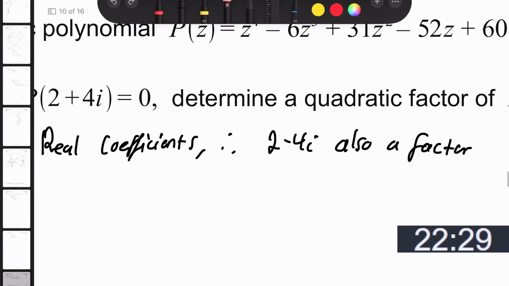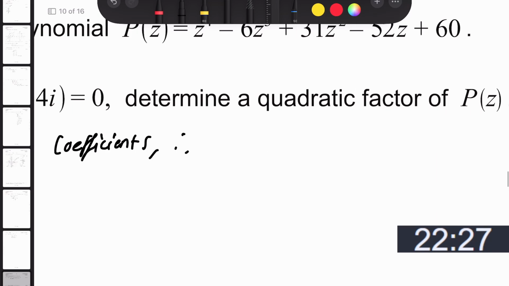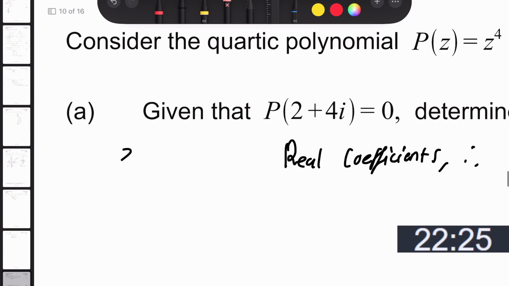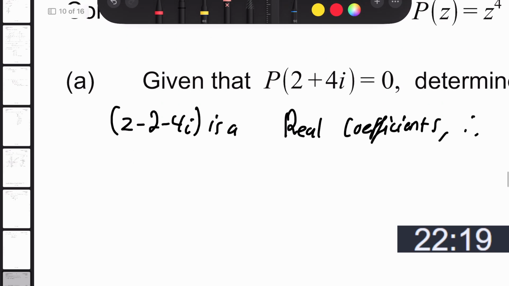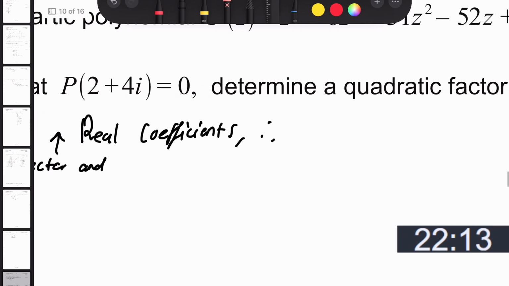So then we'll say z minus 2 minus 4i is a factor. And real coefficients, therefore z minus 2 plus 4i is also a factor.